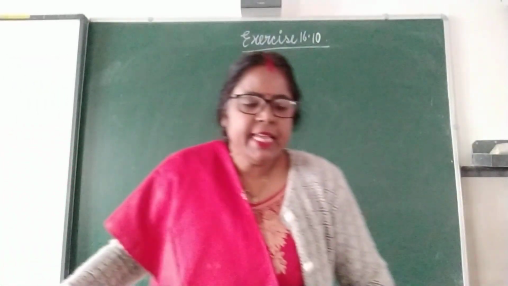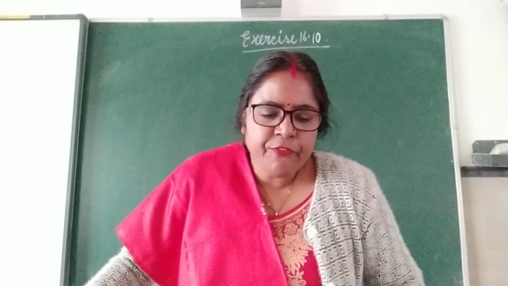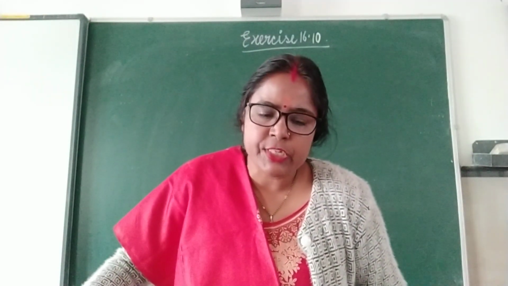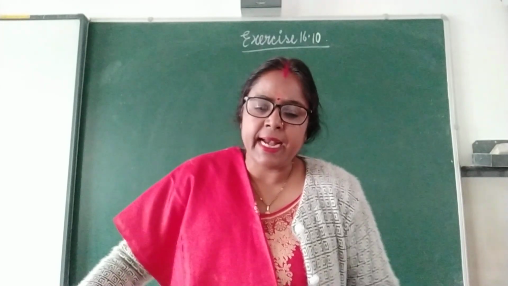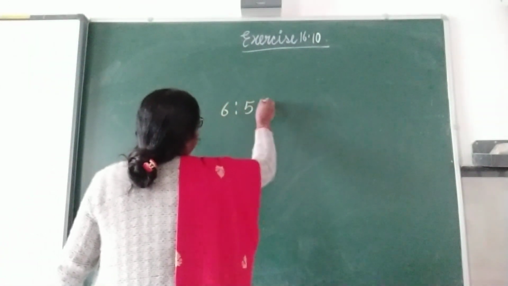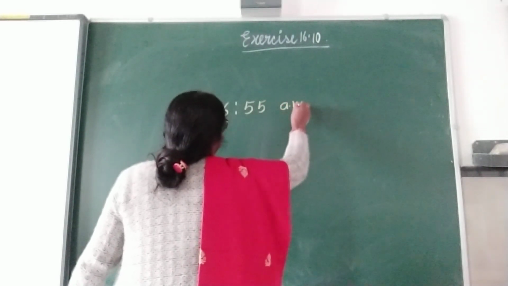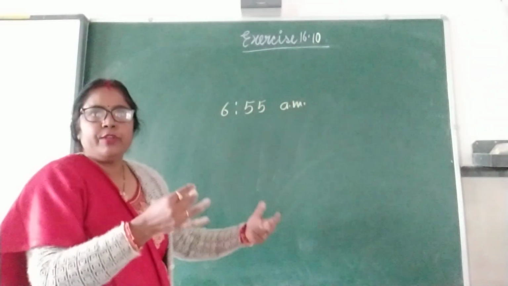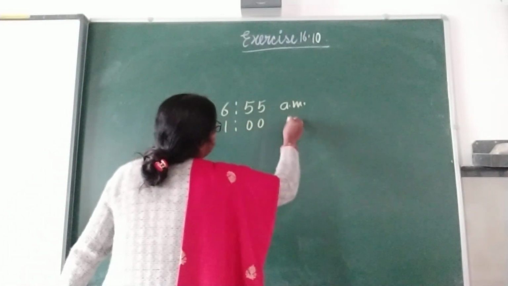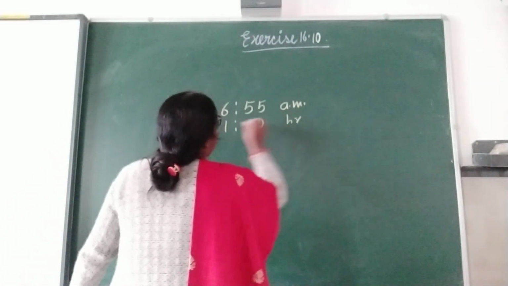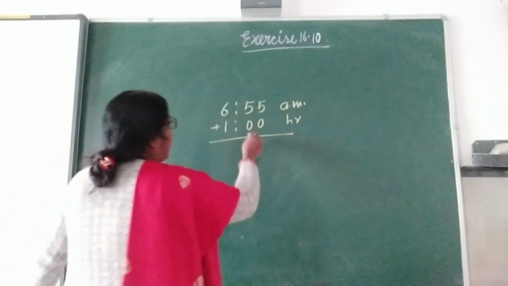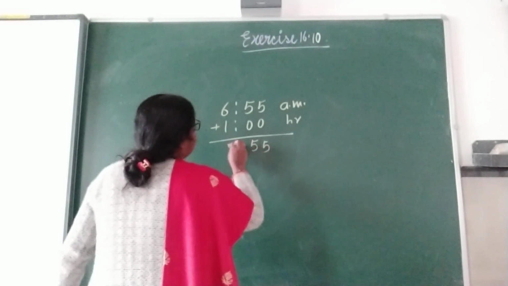Question C is: Rohit woke up at 6:55 am and took 1 hour to get ready for school. By what time did he get ready for school? So getting up at 6:55 am, you know how to write the statement, so I am not spending time explaining it. It took 1 hour to get ready, so it is 1 hour. We will add it because the question says after, and after means we have to add: 55 and this is 7.